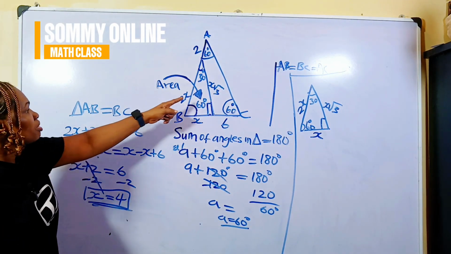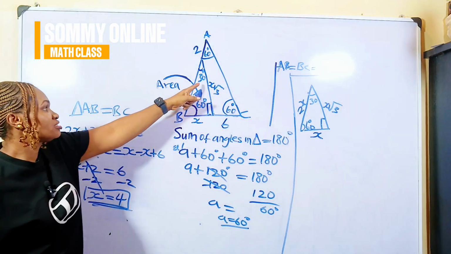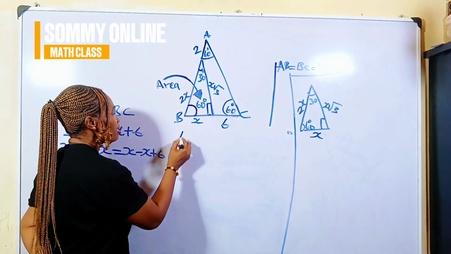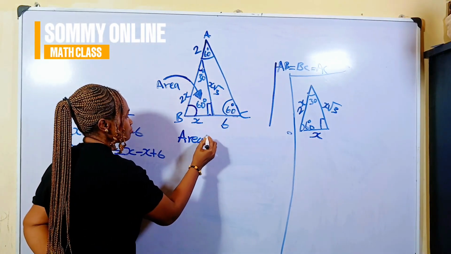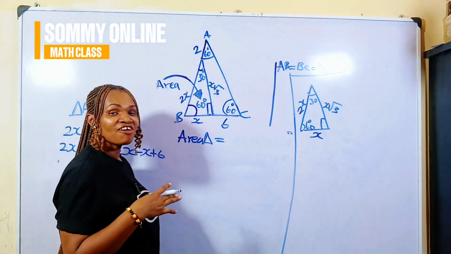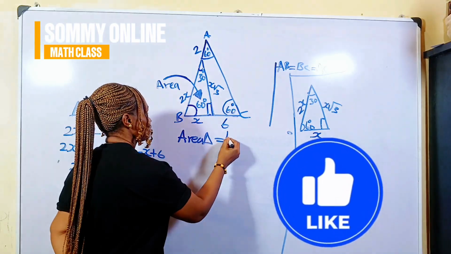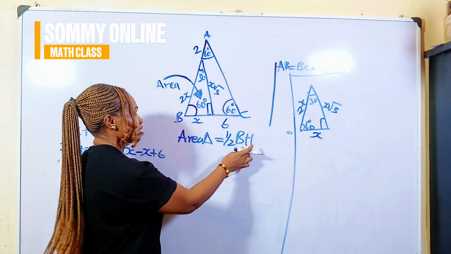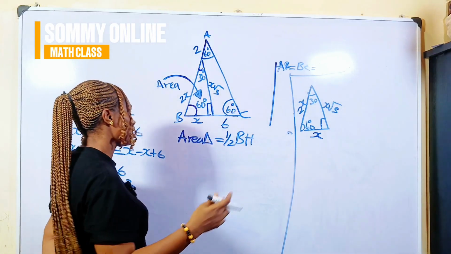Remember, we are asked to find the area of this triangle. Recall that the area of a triangle is half base times height. This is the base and this is the height.